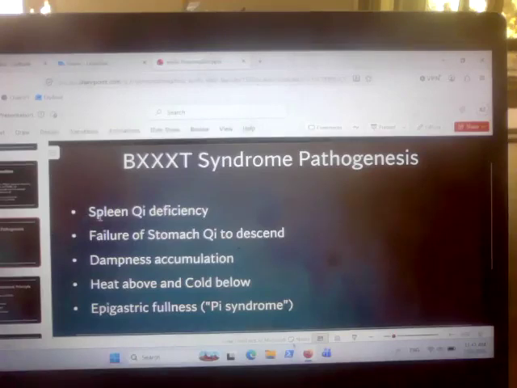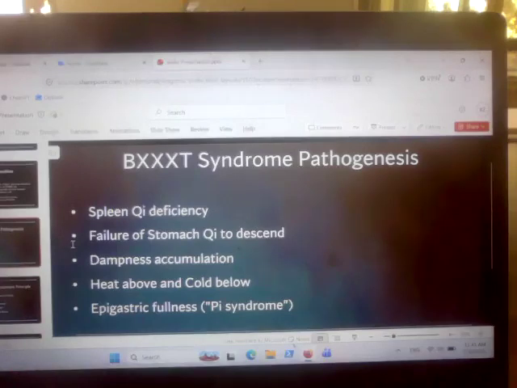The second pathogenic factor is failure of stomach qi to descend. The third one is dampness accumulation. The fourth one is heat above and cold below.